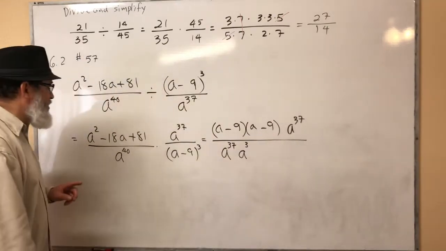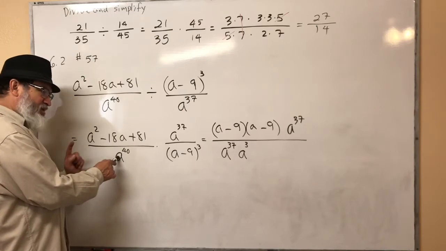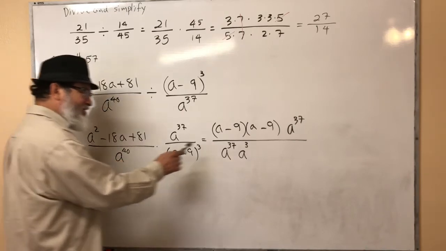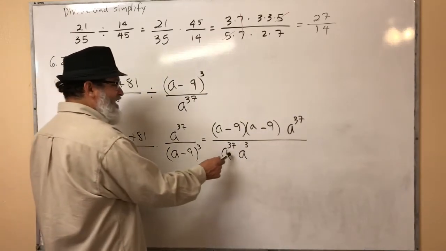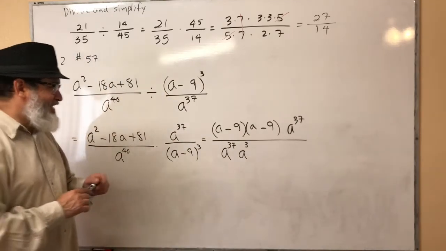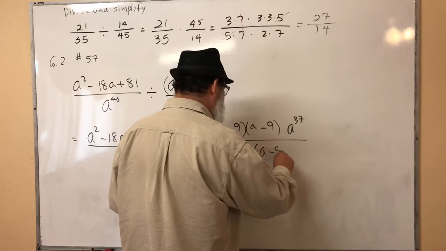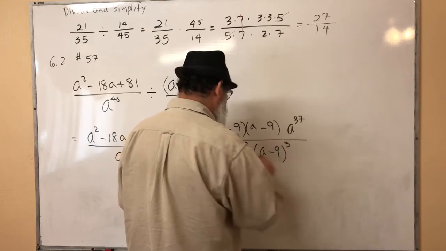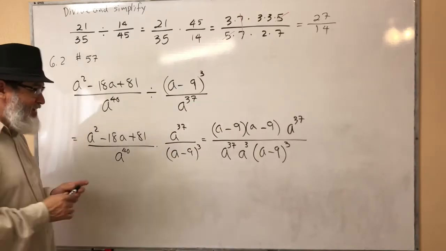In the denominator, I see this a to the 40th, but I'm going to try to cancel a to the 37th, so I say a to the 40th is a to the 37 times a to the third. And this one here is a minus 9 to the third.